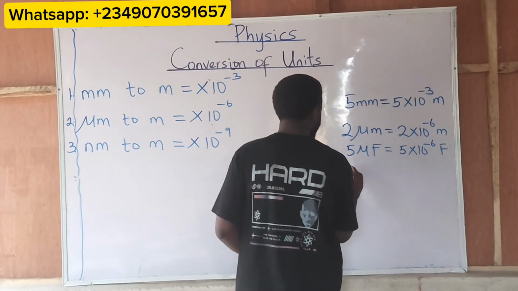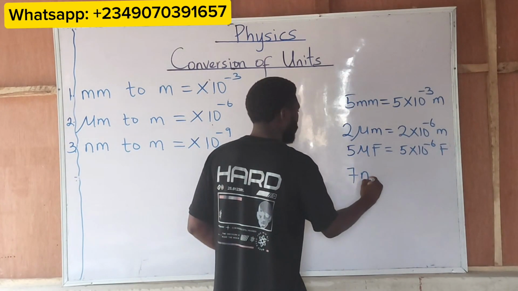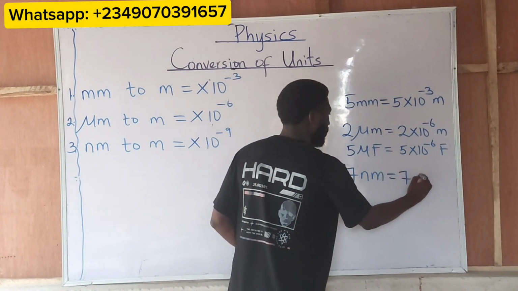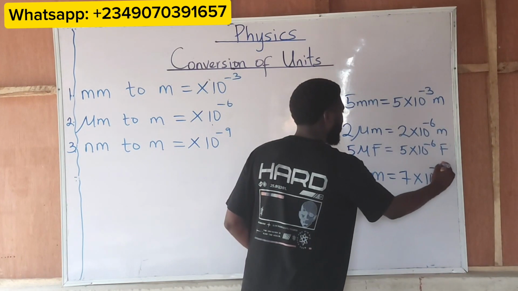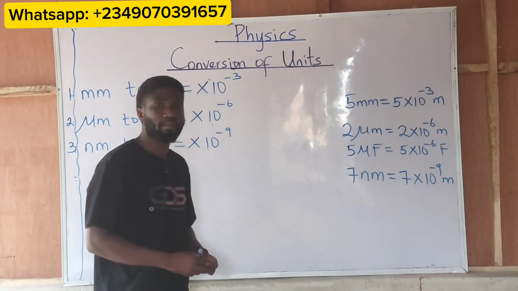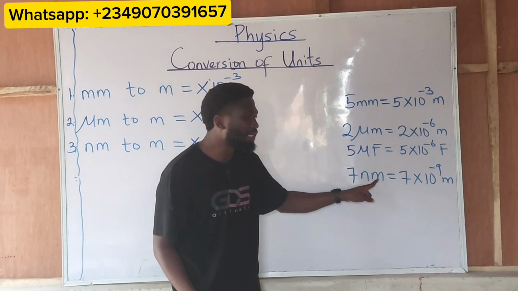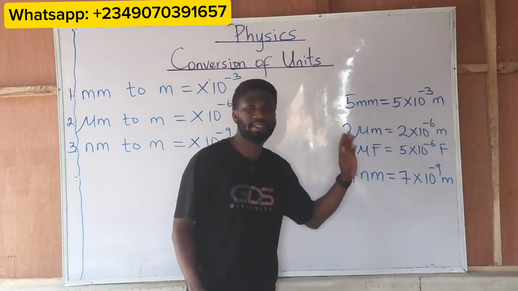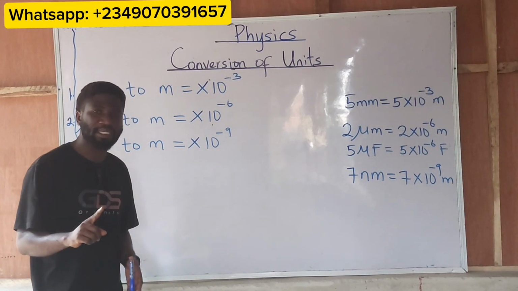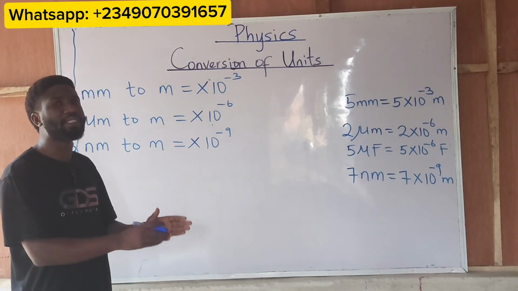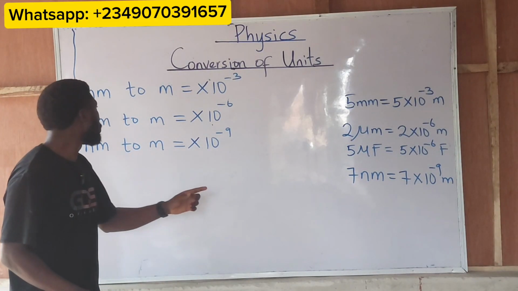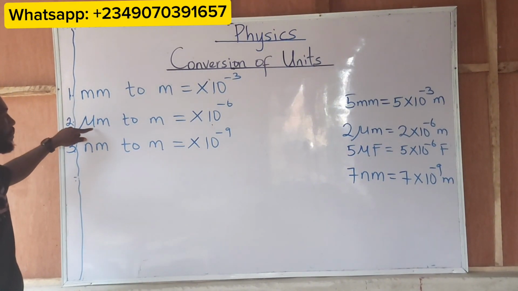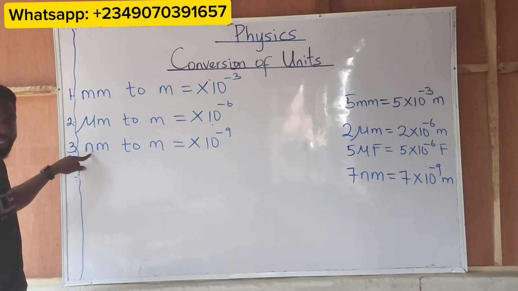So if I have 7 nanometer and I want to change this to meter, this will be 7 multiplied by 10 raised to power minus 9 meter. But if I'm changing meter back to nanometer, I will just remove the negative sign. And like I said, this is not only limited to meter.